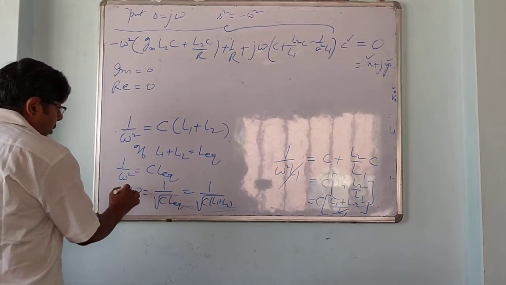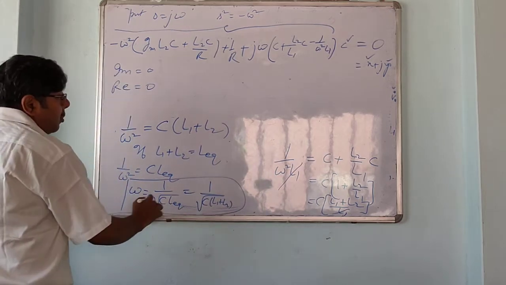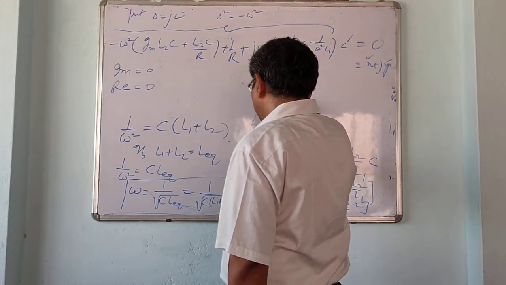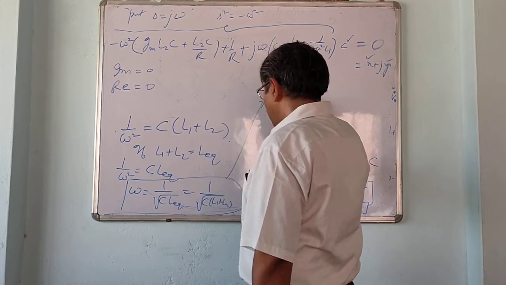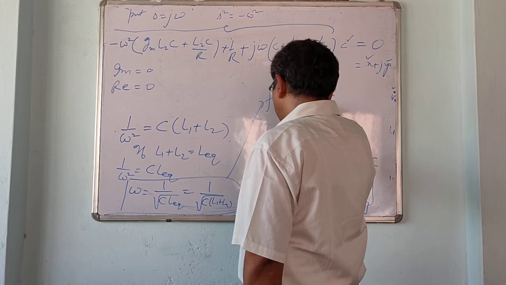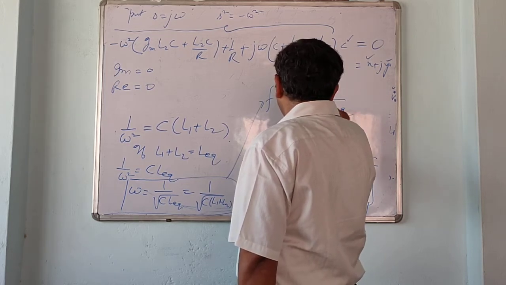So from here you can also write the frequency of oscillation is given by 1 upon 2 pi root of C L equivalent.